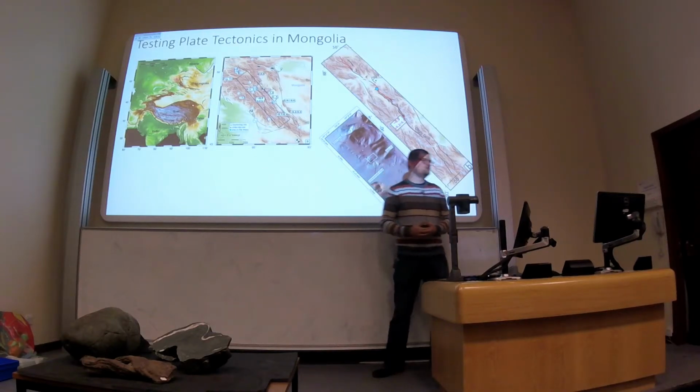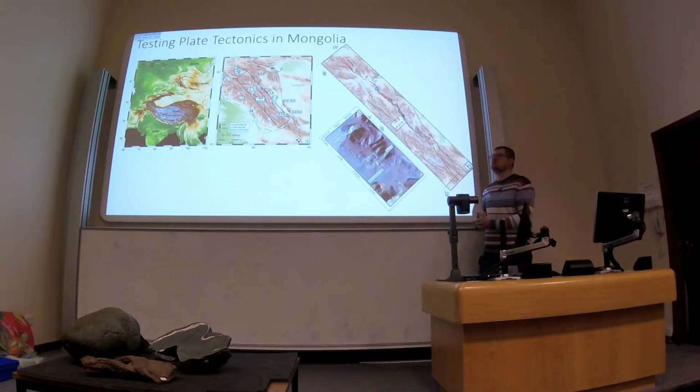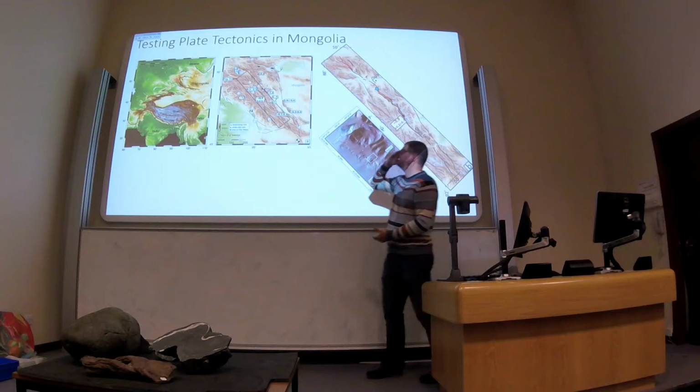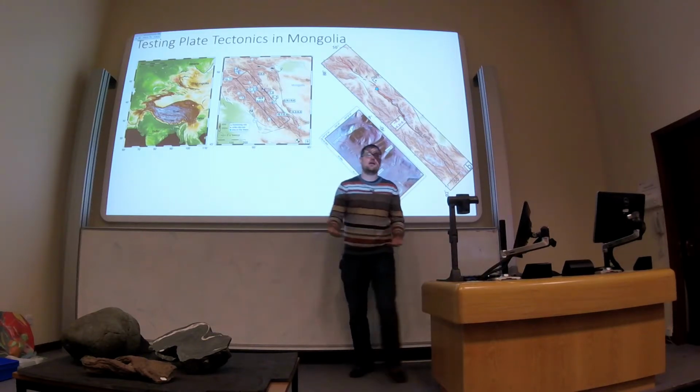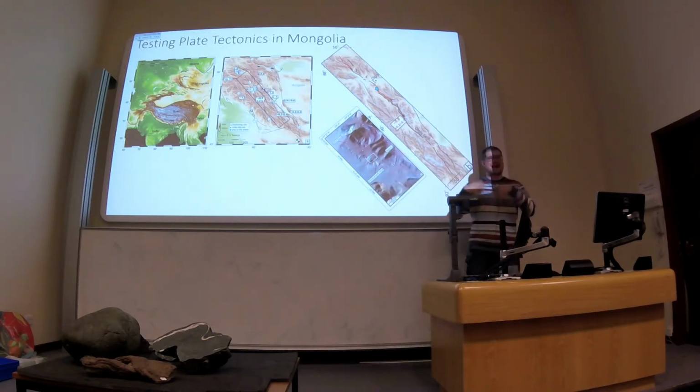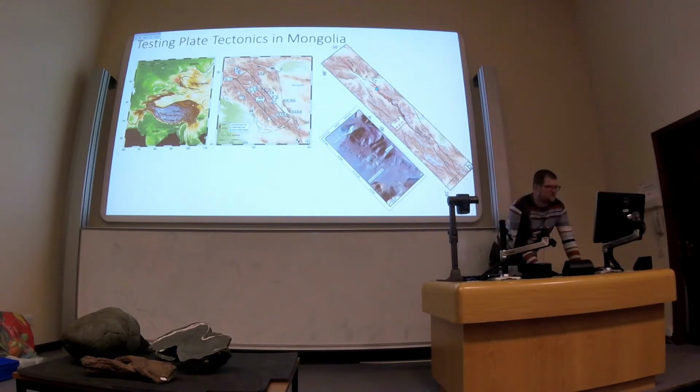Okay, so what we wanted to know was, what are the actual rates of deformation that are going on up in that mountain range up there? Is this a relic of some previous plate boundary, or is this actively deforming? So what we did, Laura, faults, some black lines marked on this map here. You can kind of see this is one of them here. It's called the Olgai fault, and this is a satellite image of that.